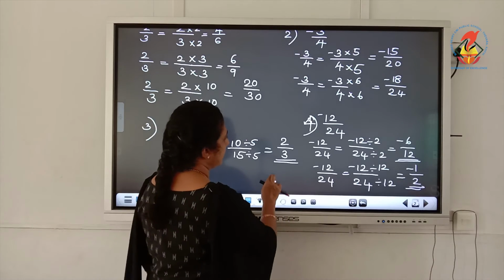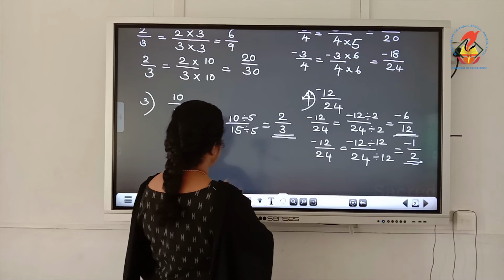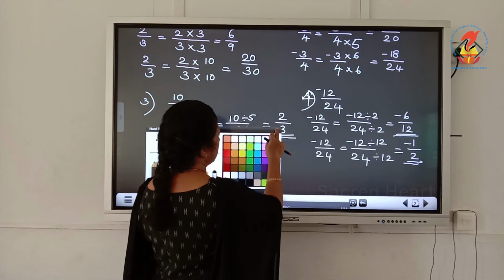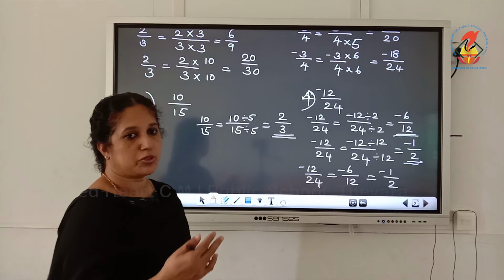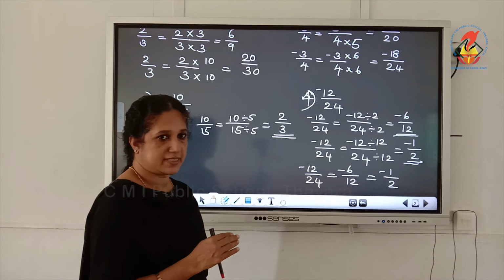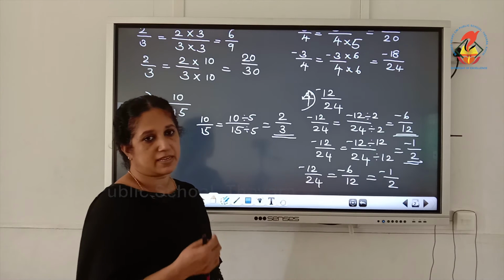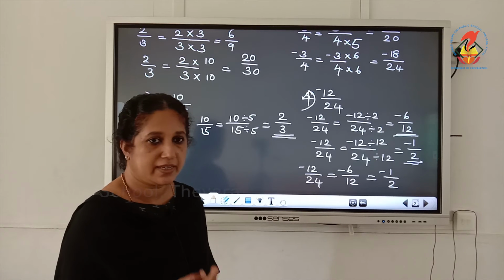So we can write negative 12 by 24 is equal to negative 6 by 12 and which is equal to negative 1 by 2. So we can divide both numerator and denominator by a non-zero integer. That time also we will get a rational number which is equivalent to the given rational number.